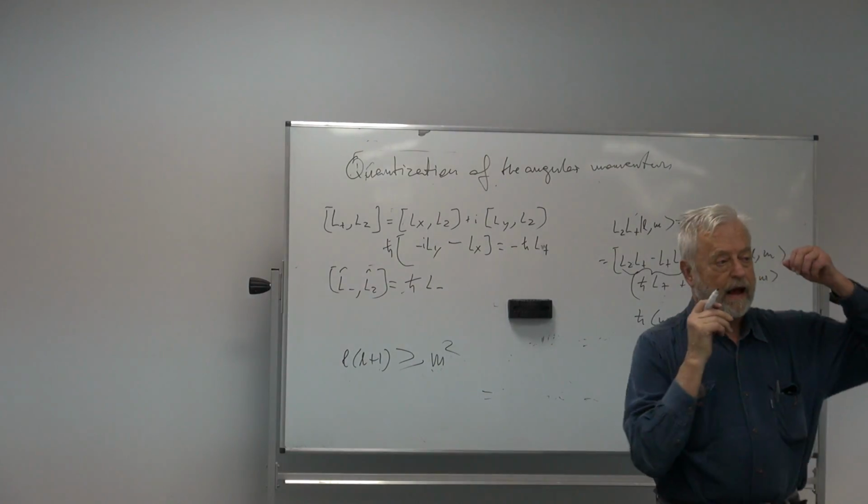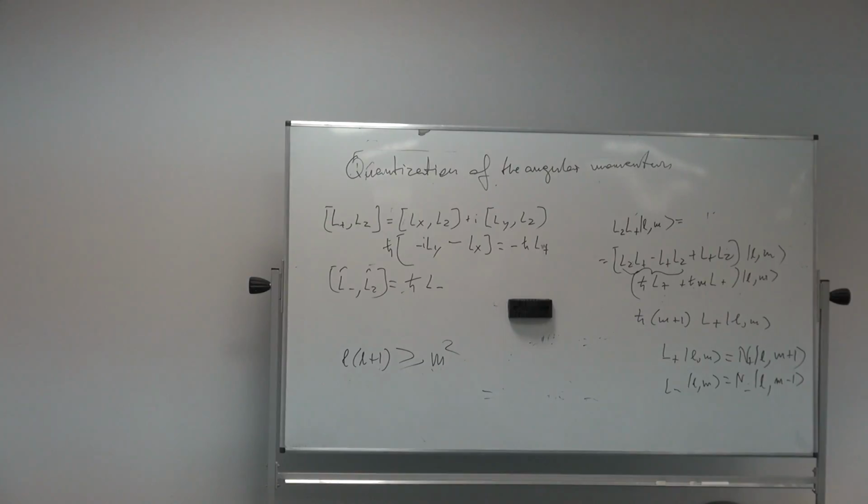So, I fixed m. I know that my m's are limited both from below and from above, because I had this inequality before, yes? So by acting with L plus many, many, many times, I will finally destroy this inequality, because m squared will be larger than L times L plus 1.